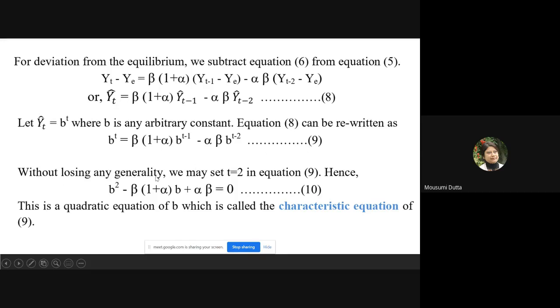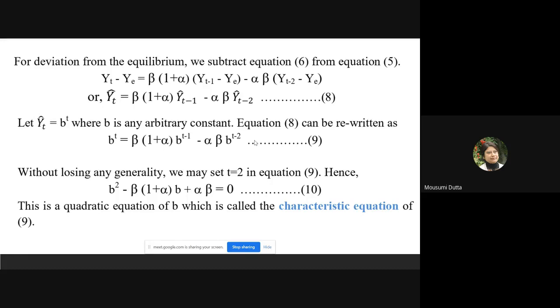Without losing any generality, we may set T equal to 2. Why am I setting T equal to 2, not 1? Because if I set T equal to 2, the minimum value of T minus 2 will be 0. Otherwise, if I consider T equal to 1, then this will be B to the power 0, but that will be B to the power minus 1. So there will be operational complications.